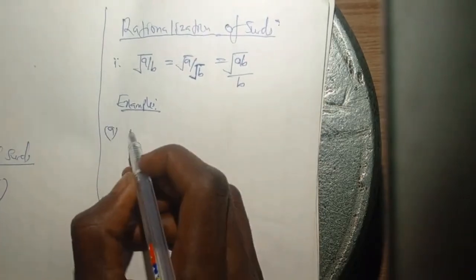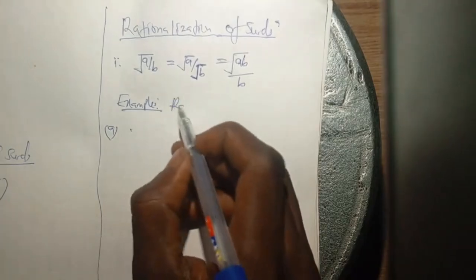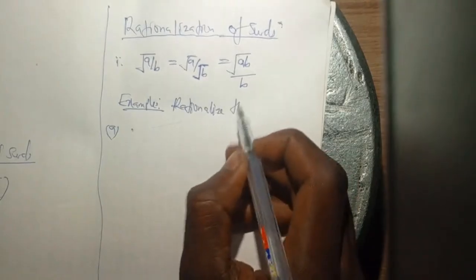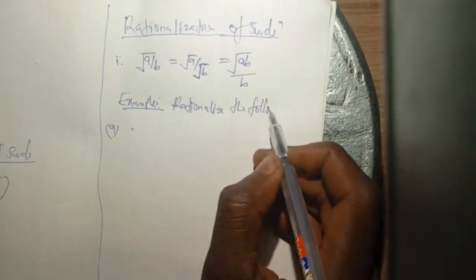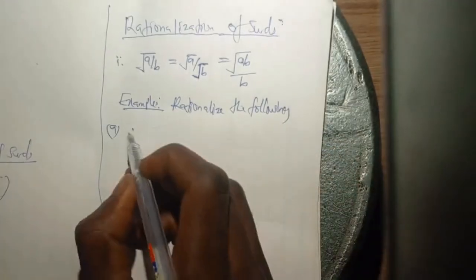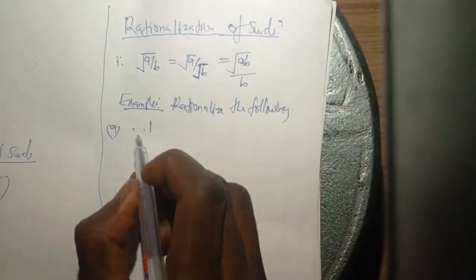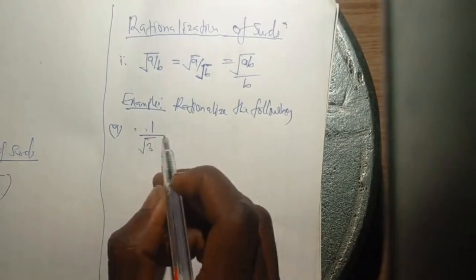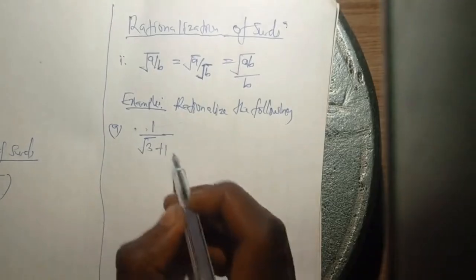Example A, let's say rationalize the following. A: 1 over root of 3 plus 1.